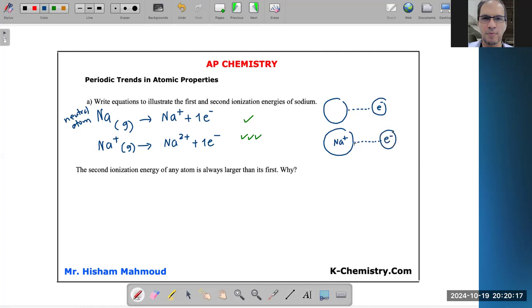Which one, يا مريم, the attraction is more? The neutral and the negative ولا البوزيتيف ولا النيجاتيف؟ مين أقوى الاتراكشن؟ Positive and negative. ممتاز. So the attraction between the positive and negative is much higher. That's why you need more energy to remove the electron from the positive ion than from the neutral atom.